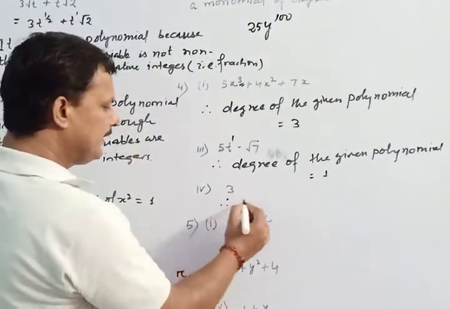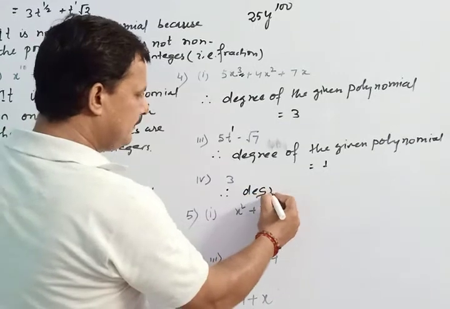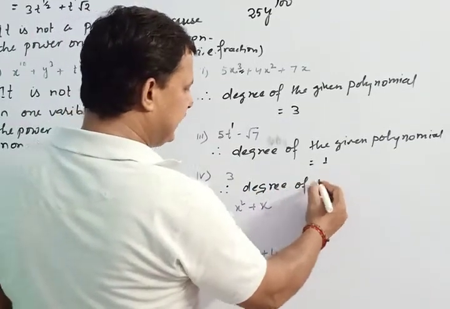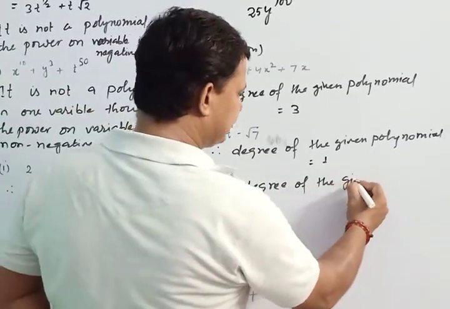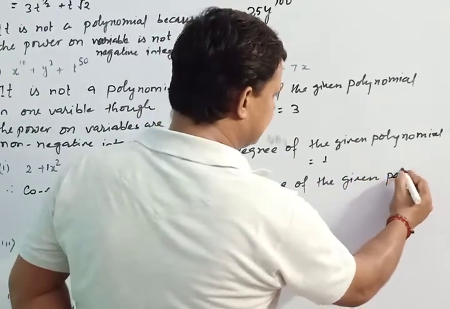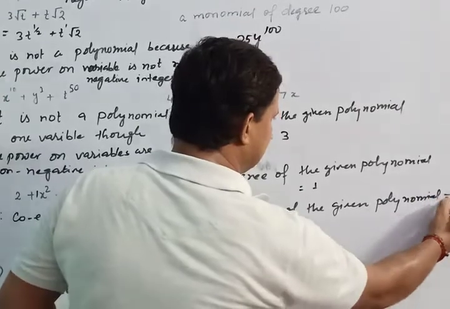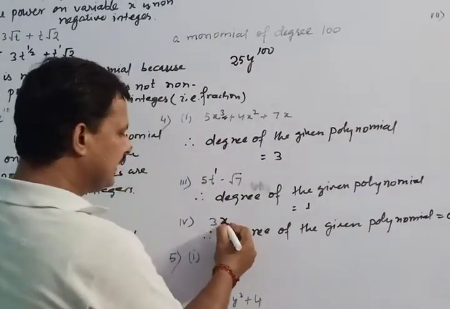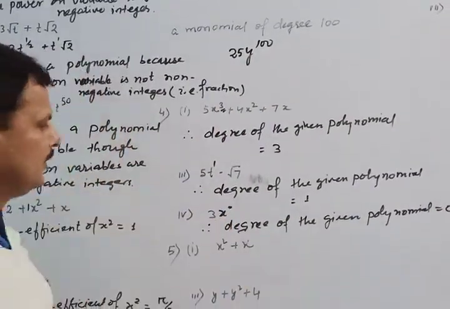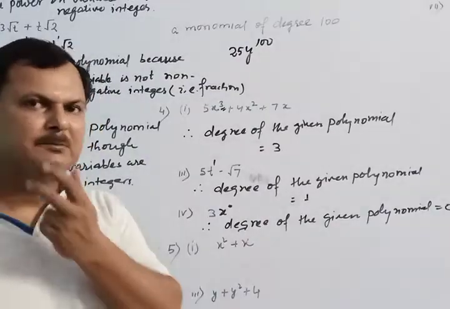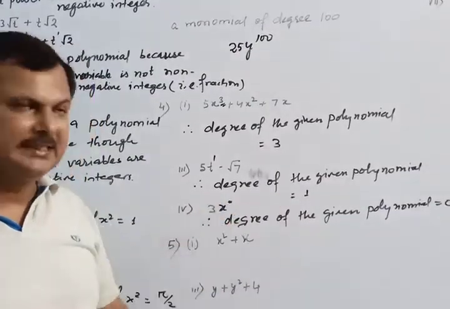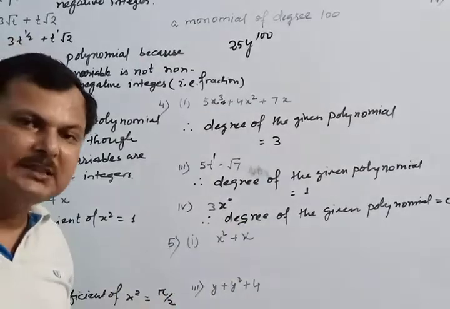So here you will write the degree of the given polynomial is equal to 0. You can write it this way: 3x to the power 0. x to the power 0 is equal to 1. It means the non-negative integer 0 is written here. That's why the degree of a constant polynomial is 0.